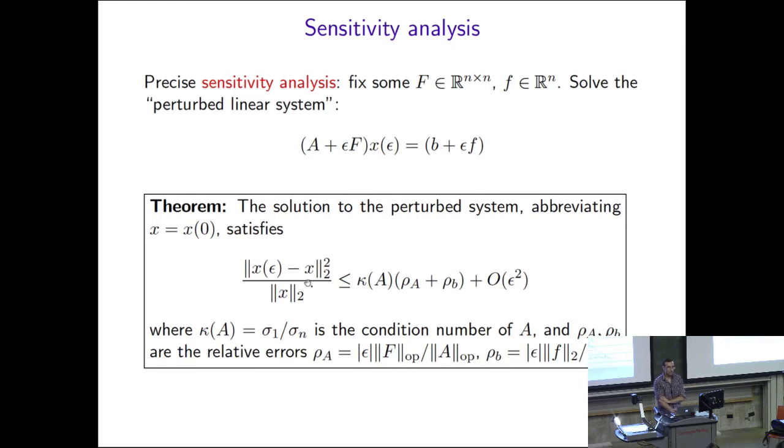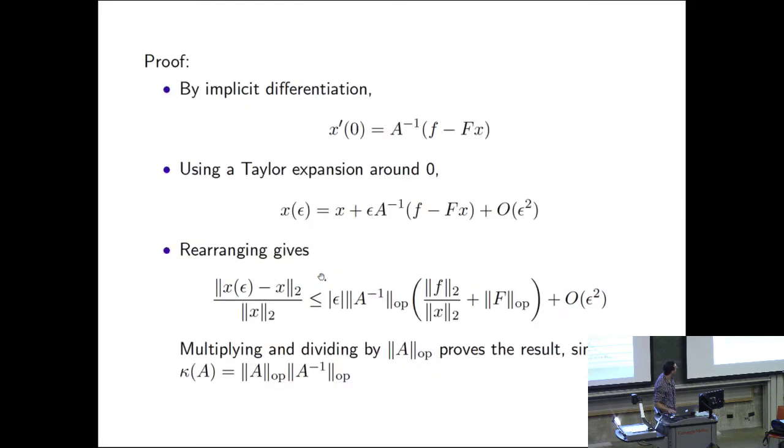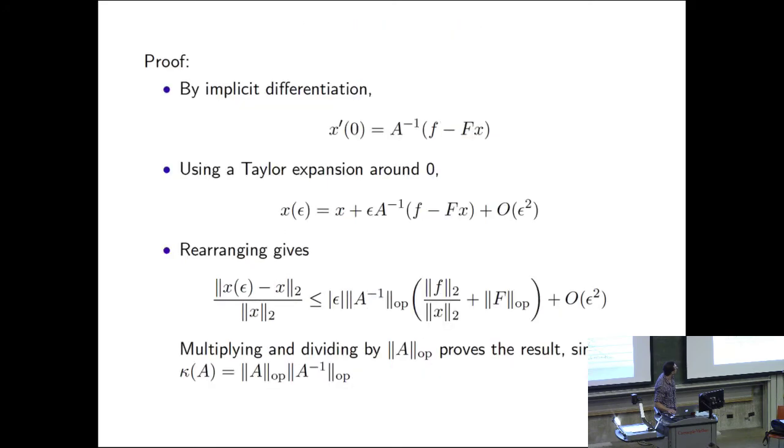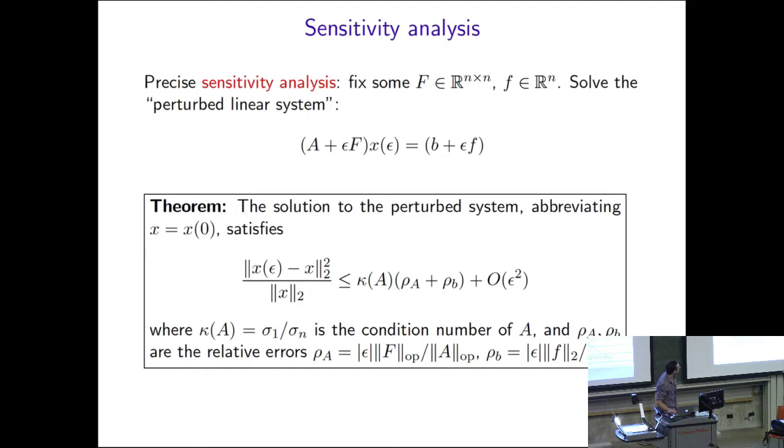The distance between x of epsilon and x in L2 norm divided by the L2 norm of x is less than or equal to kappa, which I'll explain in a second, times something you can view as a constant, plus order epsilon squared.